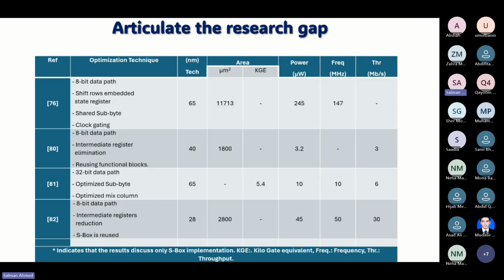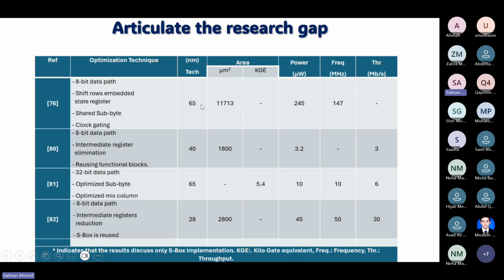When I do my research, I make my matrices. These are my result and discussion matrices that I create to find a very good gap. Here, first of all, I write the reference of the paper. After that, I write the optimization techniques that paper is using.